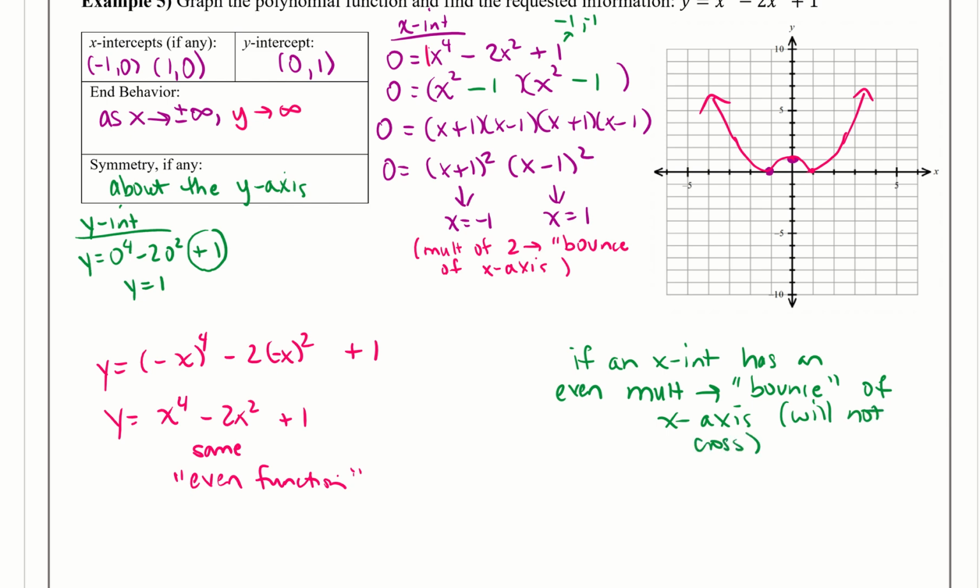Now, an odd multiplicity will cross the x-axis. So you'll have a chance to explore that more on your homework, and this is the end of the notes for 2.3.